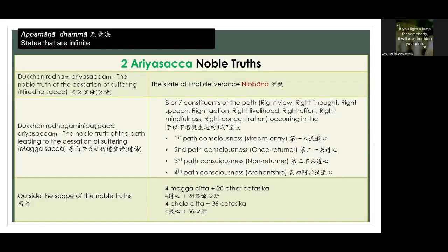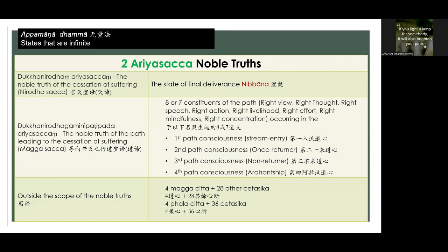Now, Appamāṇā Dhamma, under this term, we get everything that is supramundane, everything that is lokuttara. Therefore, we get the two lokuttara ariya sacca, the two supramundane noble truths, which are the Nirodha sacca and Magga sacca.